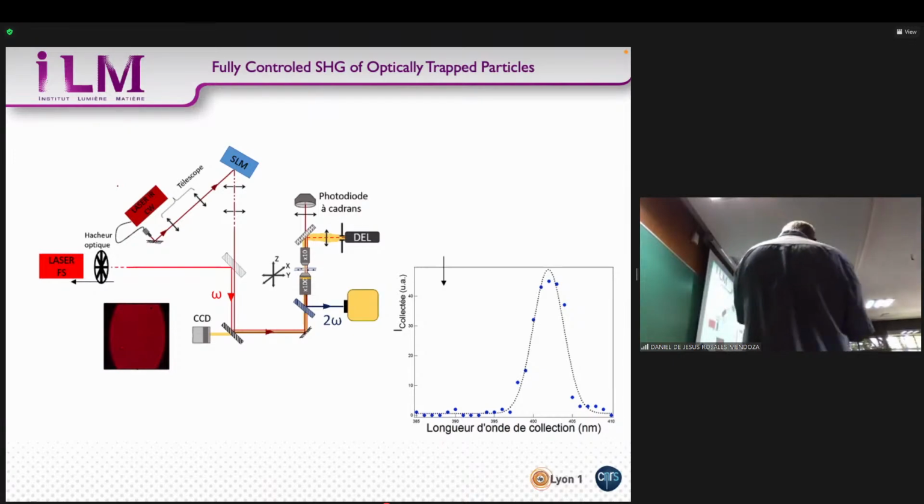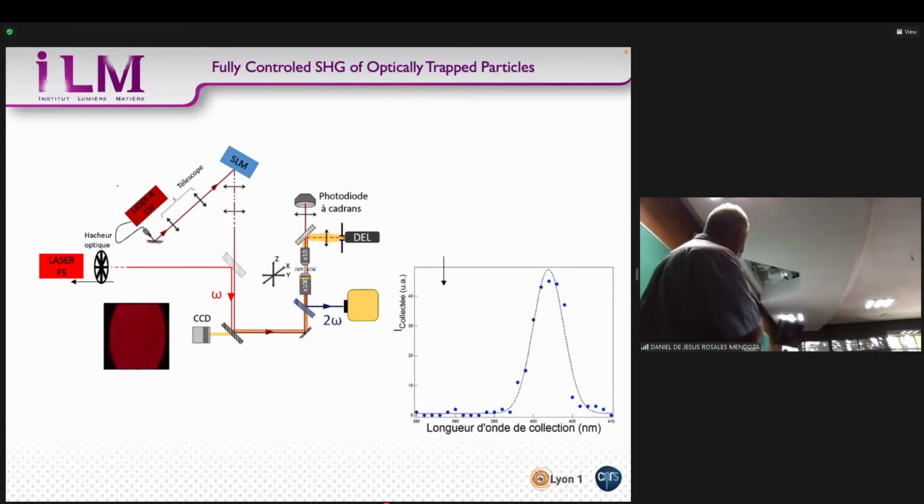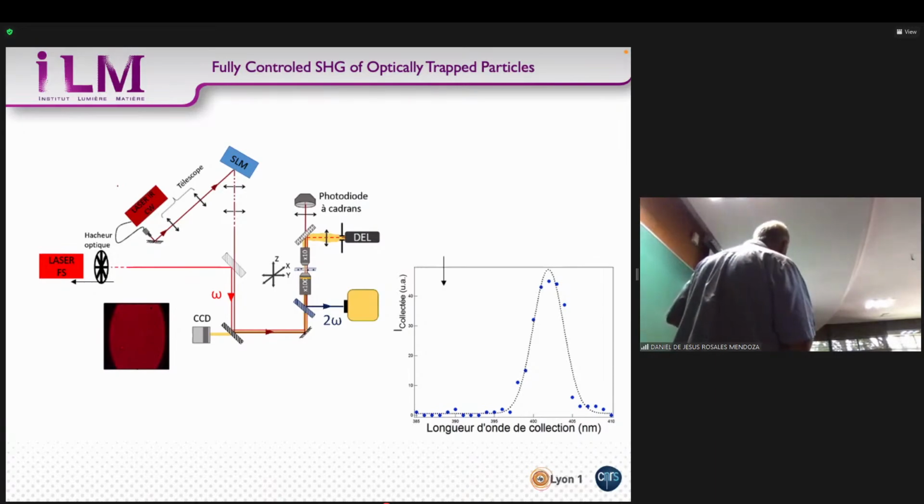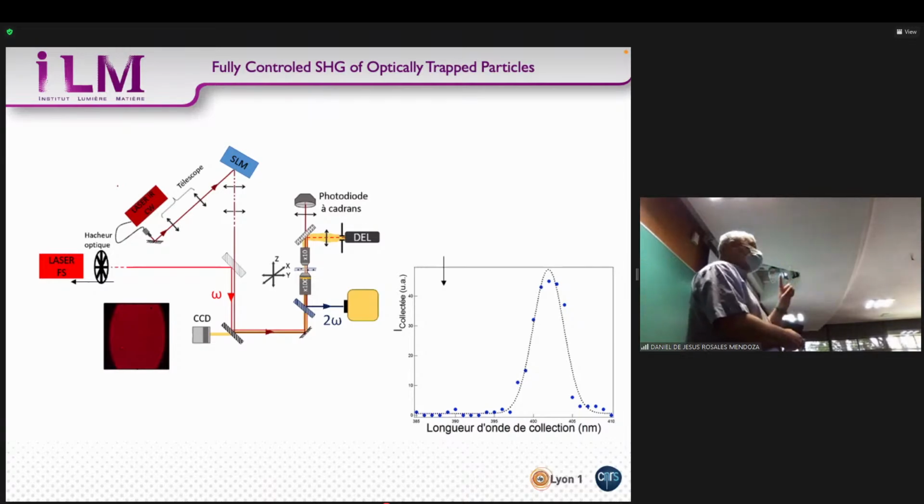So what we've done is, on this trapping beam, we put an SLM. So what we have now is a holographic optical tweezer. The system is the same. So what we can do is now move the trap. That is, we can trap a particle and place the particle in the focus of the fundamental beam or move it away.